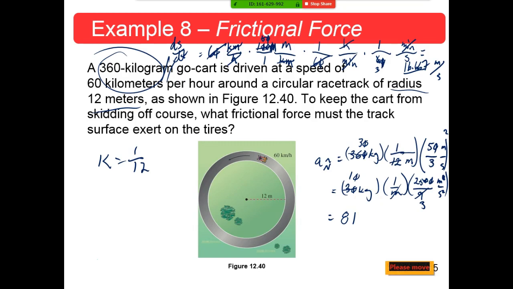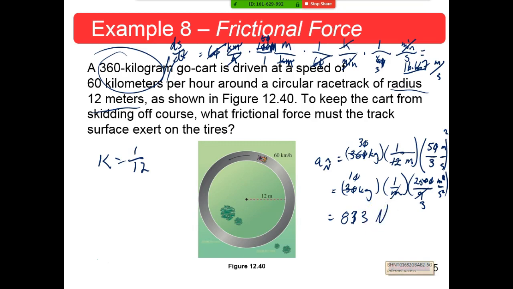That can't be right. Someone do that. 25,000 divided by 3. 25 divided by 3 is 8.33. 833. Okay. We'll round it just like that.